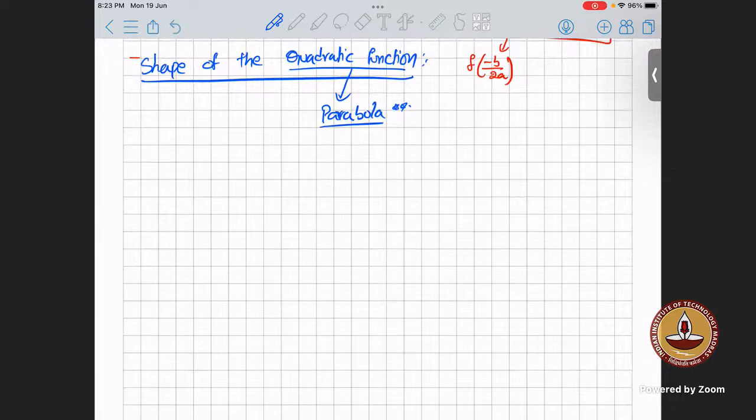There are two possibilities in shape. Number one, it opens upward. Number two, it opens downward.